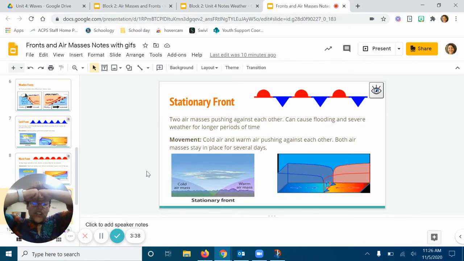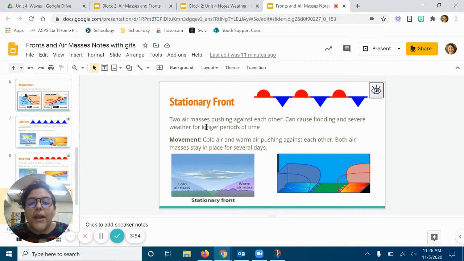So as they're pushing each other, they're going to create a rainstorm in between them. And because they're not moving, it can rain for several days, and that could cause flooding in an area. So 2 air masses pushing against each other is a stationary front. It can cause flooding and severe weather for longer periods of time.